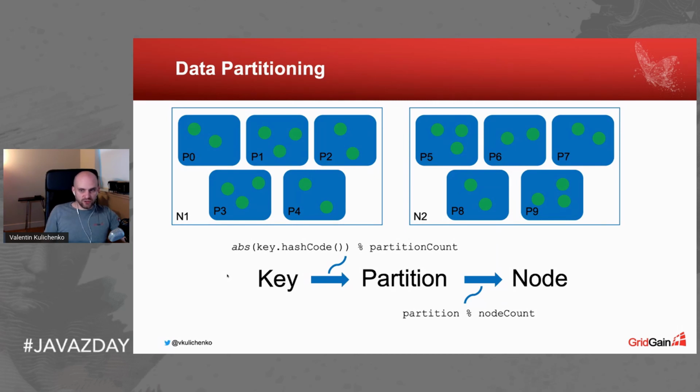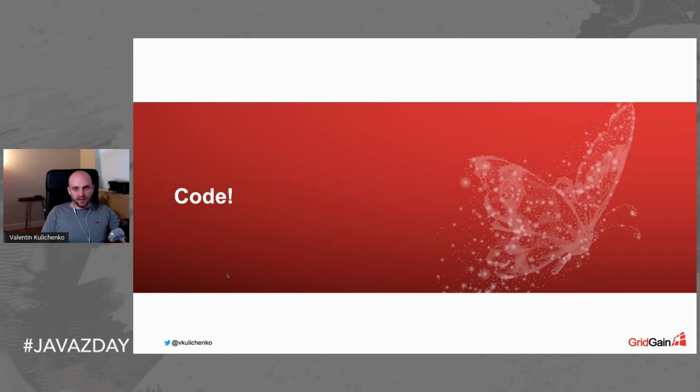It will only have to check those partitions that are stored there, which is a limited fixed number. And therefore, we avoid this linear complexity of this verification process. We only check 10 partitions instead of an arbitrary number of keys. So let's see how it's implemented.